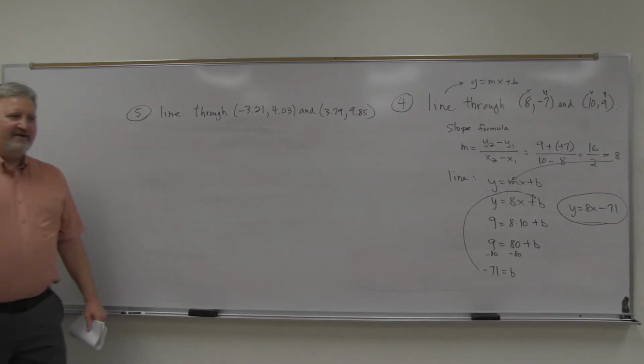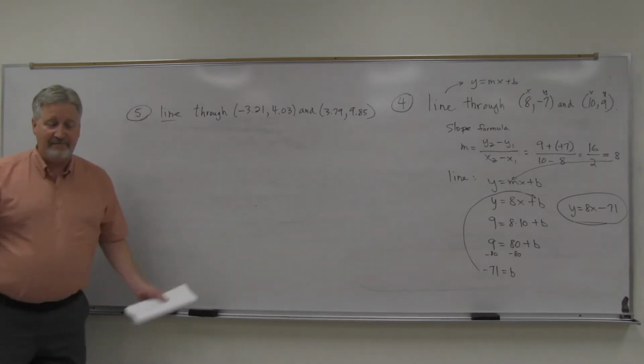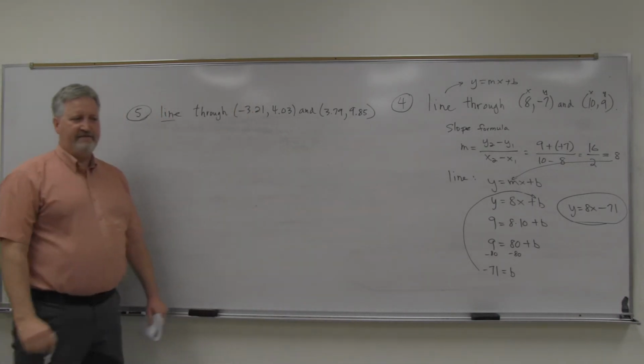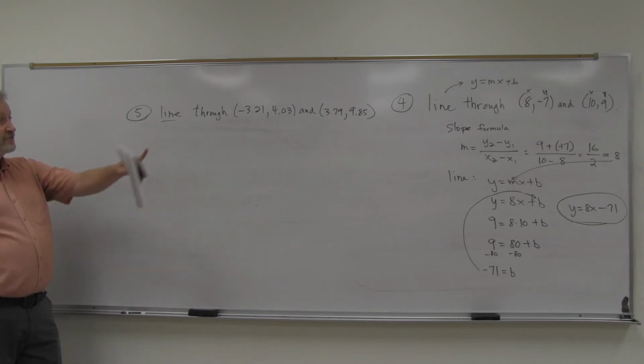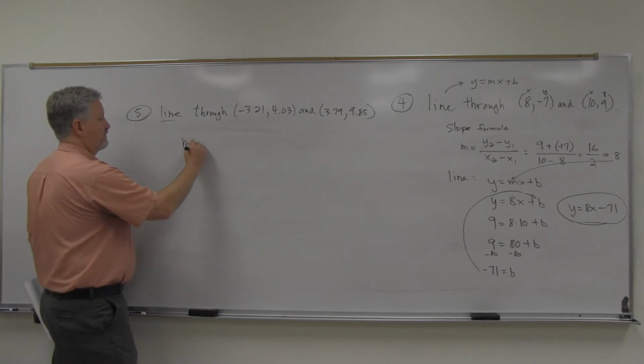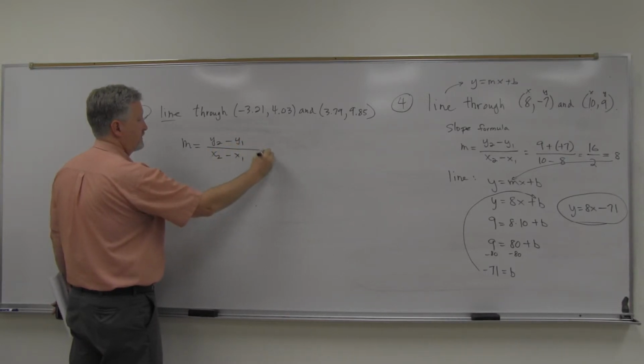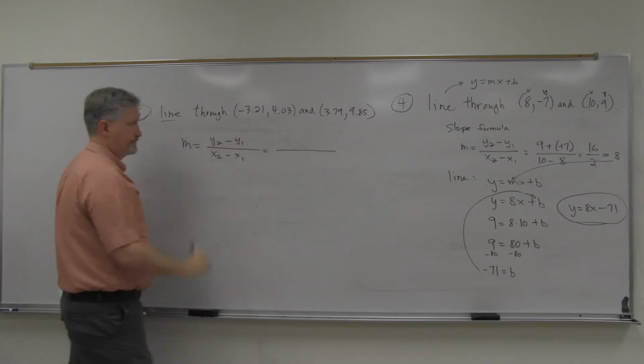So again, I'm looking for a line, y equals mx plus b, but in this case, I don't have m, I don't have b, but I do have 2 points. So if I start with the slope formula, y2 minus y1 over x2 minus x1, I can get my slope, can't I?